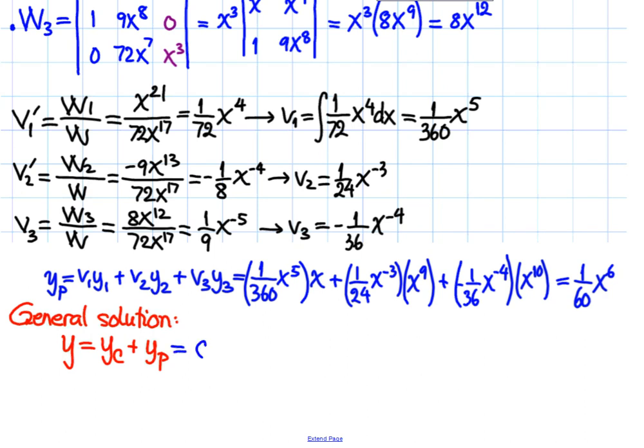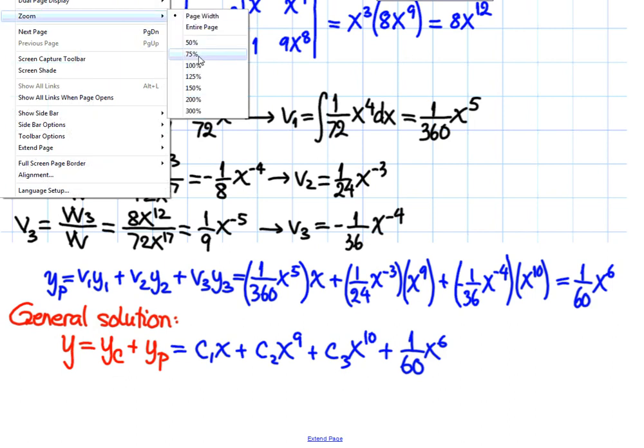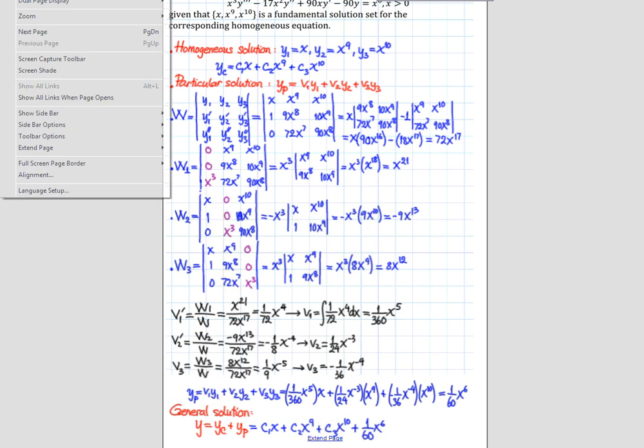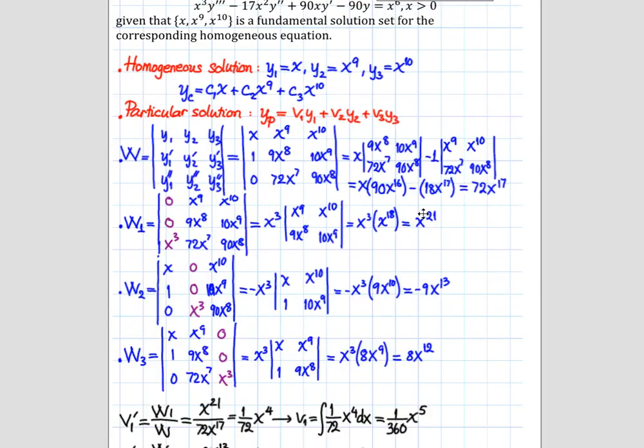So C1 Y1, C2 Y2, C3 Y3, and then the particular solution. So that's what we have. Let me zoom out so we have the whole picture.